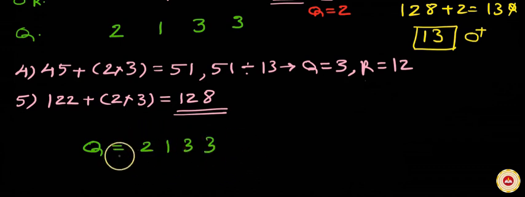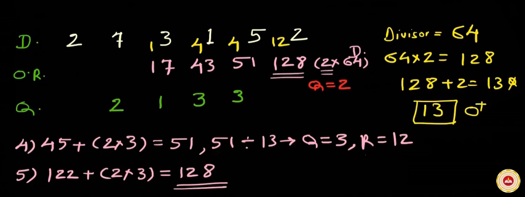But friends, this quotient is for 128 and not for this original divisor 64, because we started this process from 128. We considered this as divisor because we had to calculate the positive osculator from this 128, but this is not our original divisor. 64 is our original divisor and this quotient is for 128.